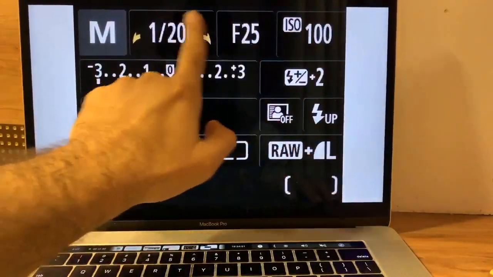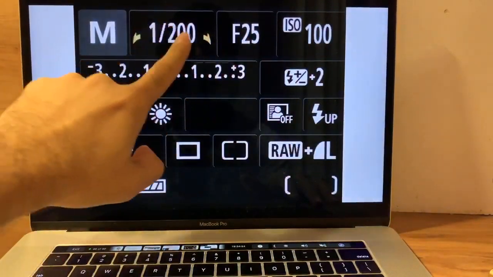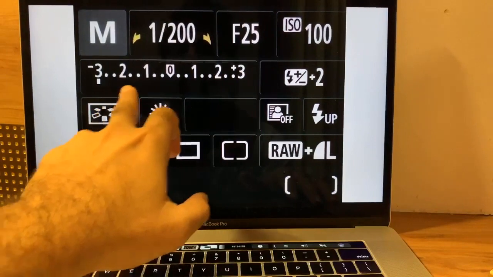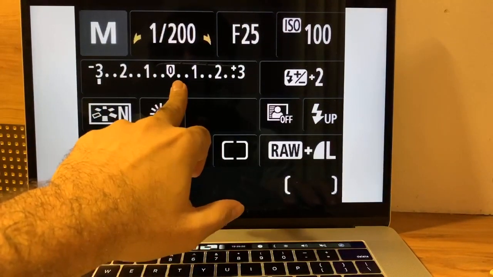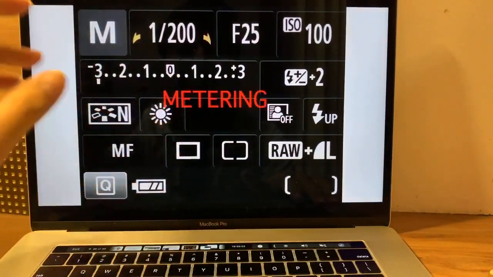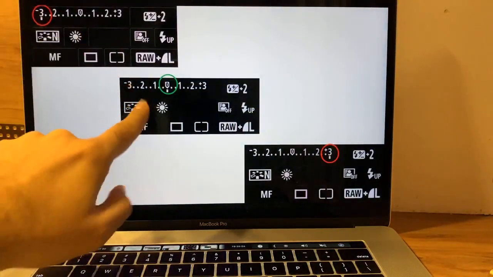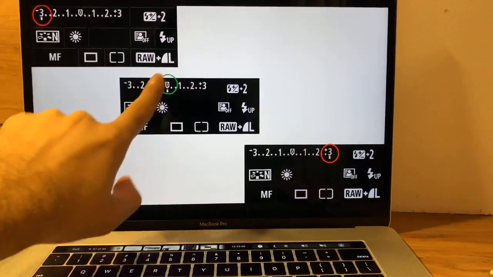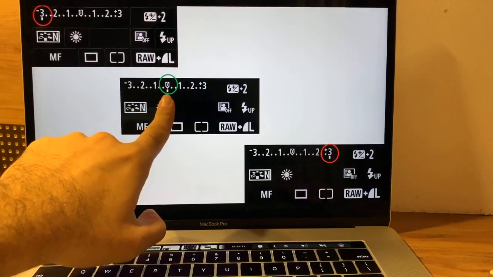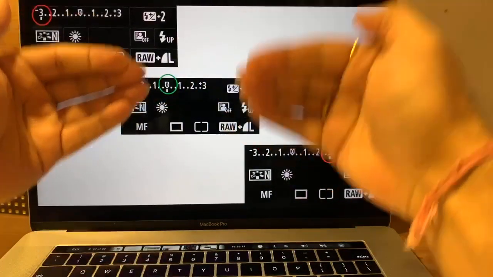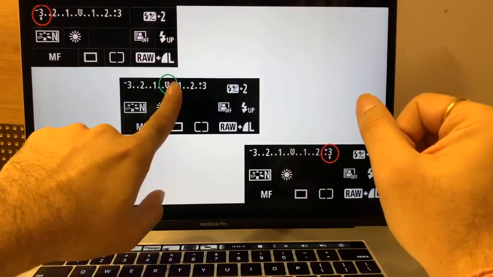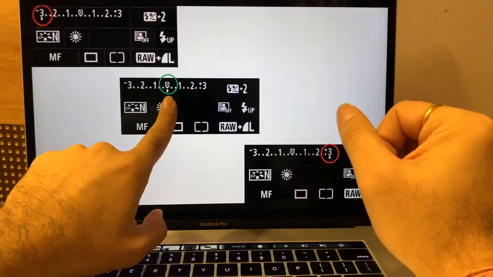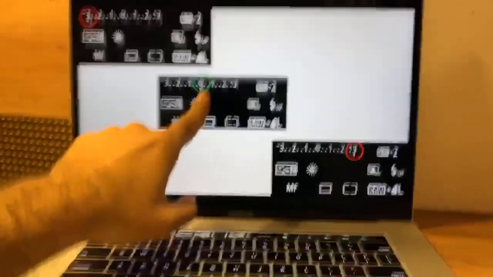If I play with these three settings, means if I play with shutter, aperture or ISO, I can move my cursor and try to get it in the center. Somehow, if I play with my three settings and if I get my cursor in the middle, it's like a weighing scale, means a perfect balance. The camera is now metering and telling me that my image is going to be well exposed.